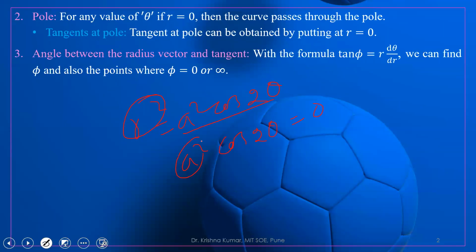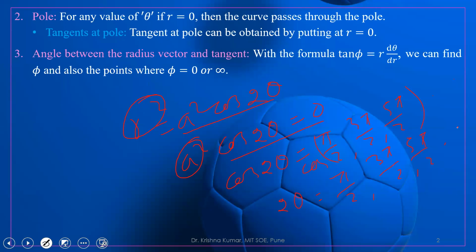This a square cannot become 0, so cos 2 theta equal to 0. For which values is cosine 0? Odd multiples of pi by 2: pi by 2, 3 pi by 2, 5 pi by 2, 7 pi by 2, and so on. So 2 theta is equal to pi by 2, 3 pi by 2, 5 pi by 2, and so on.